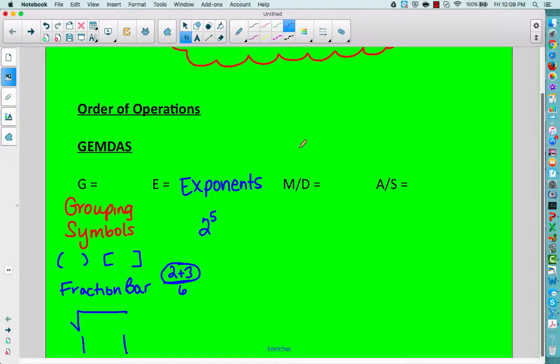All right, now this is where things start to get a little confusing. Multiplication and division, M and D, have to be done from left to right. So if division comes before multiplication on the left, you have to do the division first.